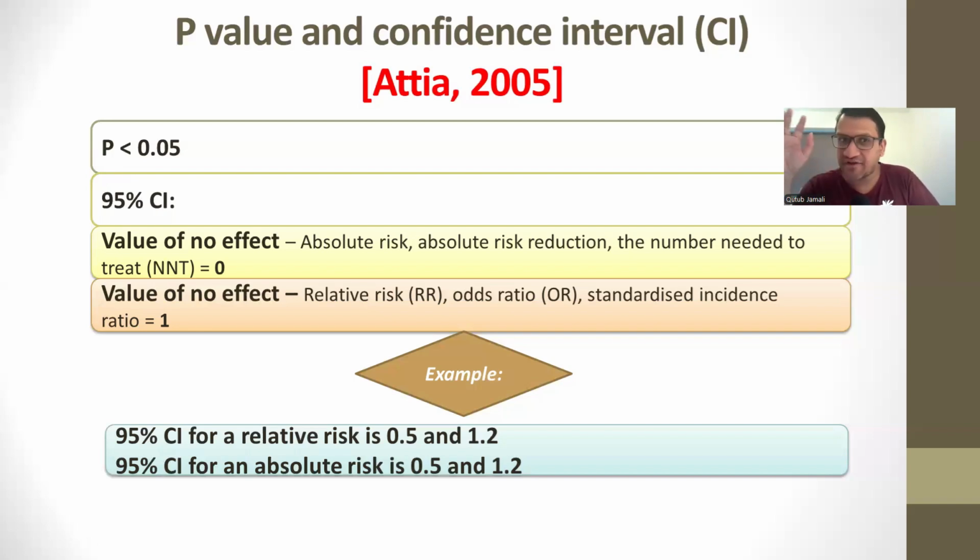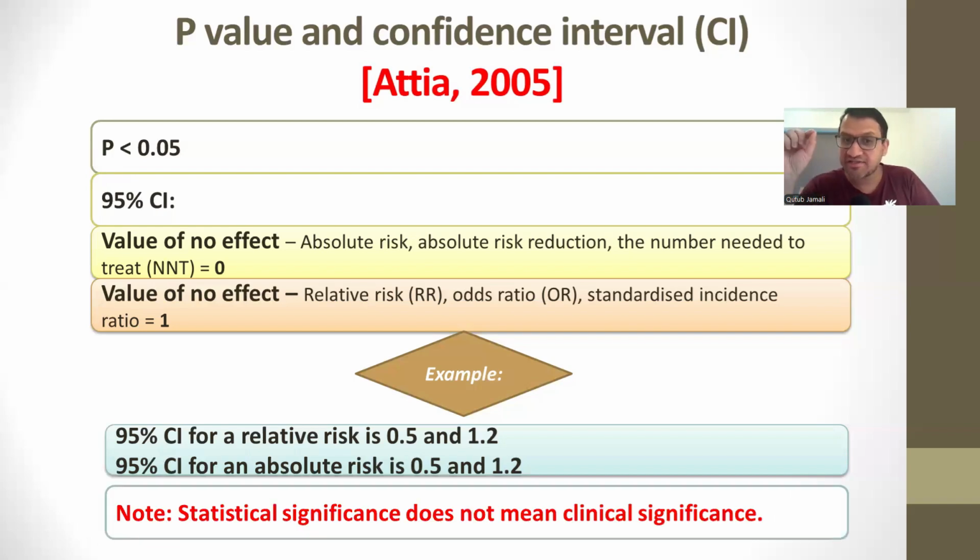However, I've talked a lot about statistical significance, but statistical significance does not mean clinical significance, right? Now, why am I saying that statistical significance does not mean that it is clinically significant as well? What if the condition you are trying to identify the risk factor of, for example, is rare?